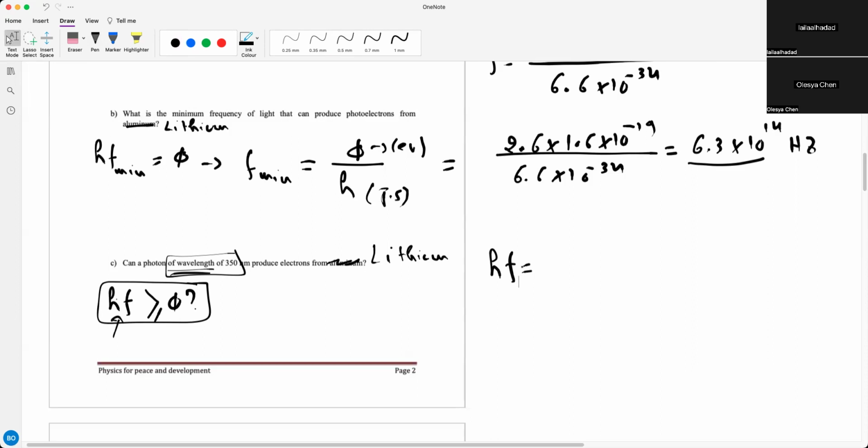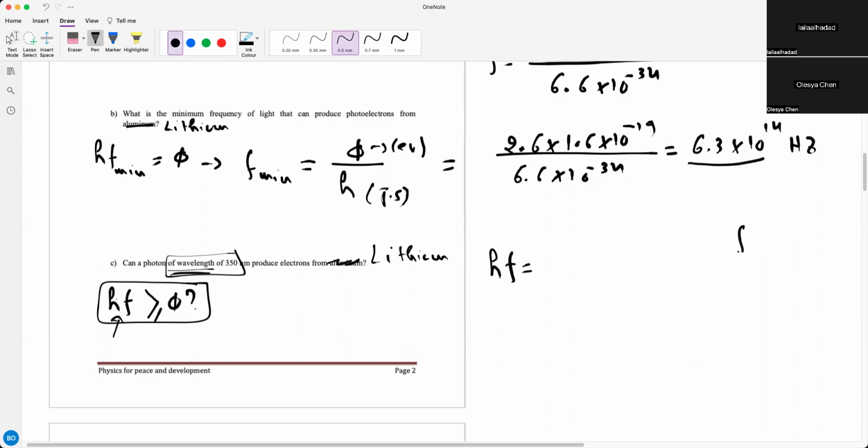I'm given the wavelength. How do I do it? If I give you the wavelength of light, how can you calculate the energy of the light? Using the formula, I think I can't remember the exact formula.